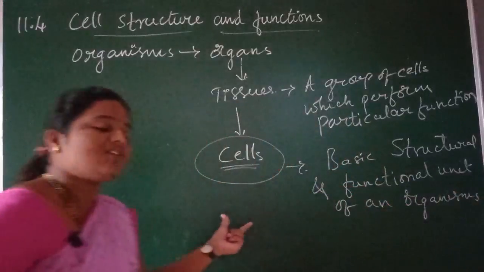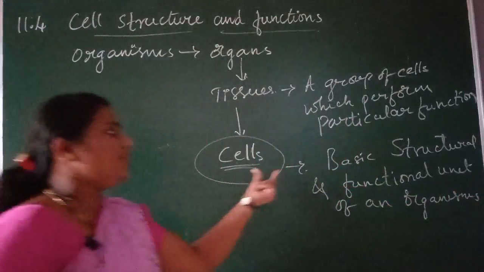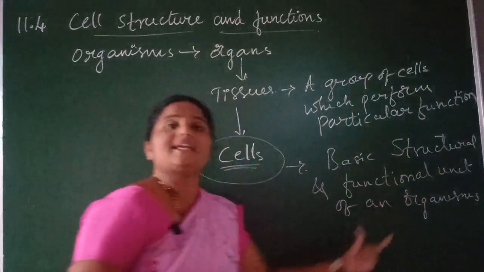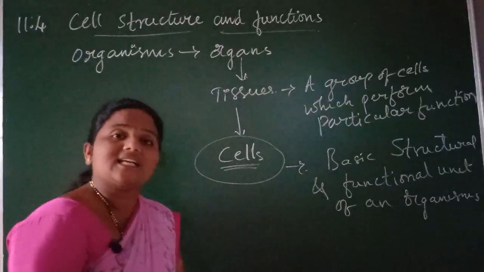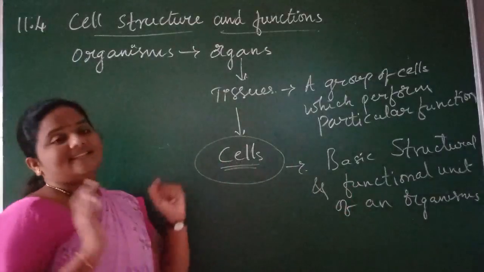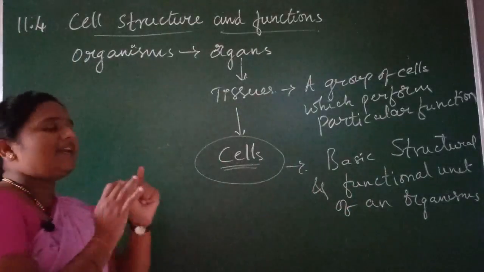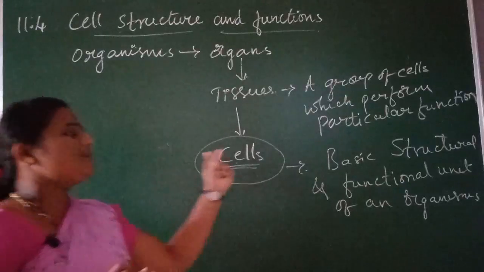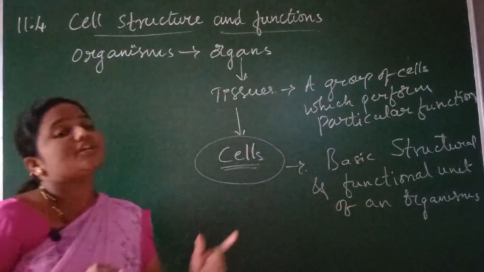Cell. Cells are the main things, children, in order to give one particular shape and structure, and also to carry out certain work, tasks, and functions. So, the definition of a cell says that it is a basic structural and functional unit of an organism.